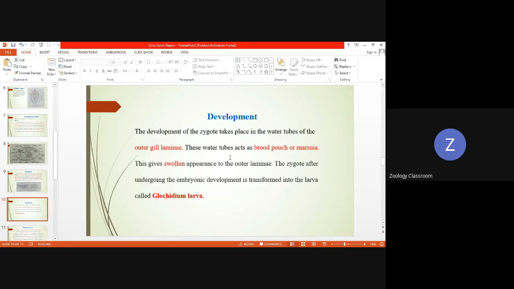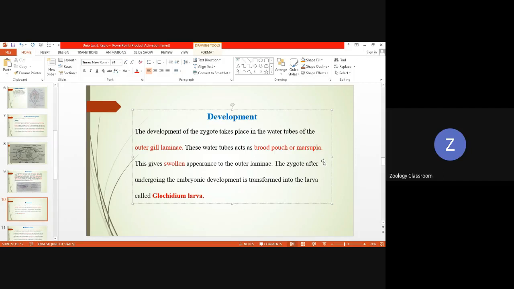These water tubes act as a brood pouch, or they are called marsupia. Marsupium, or brood pouch. There is a group of animals which have a marsupium in which the young ones are kept.